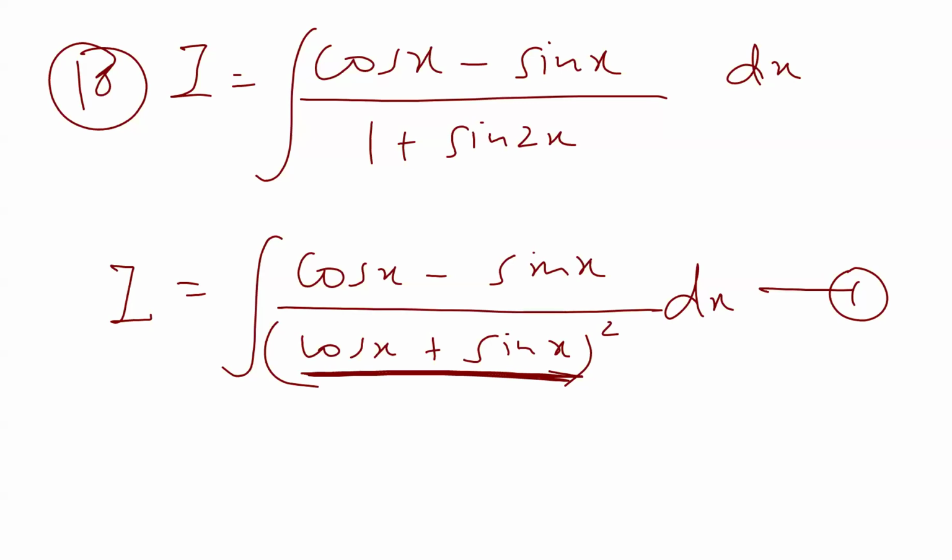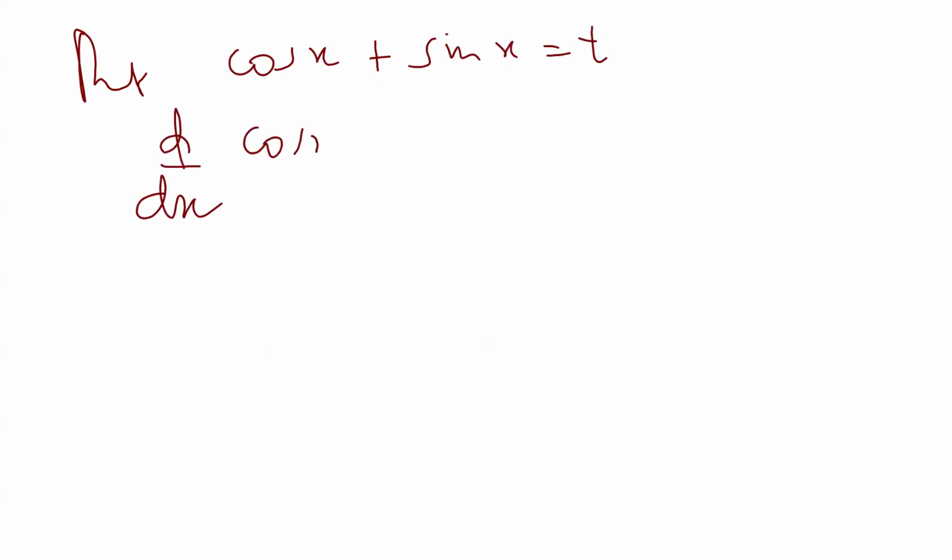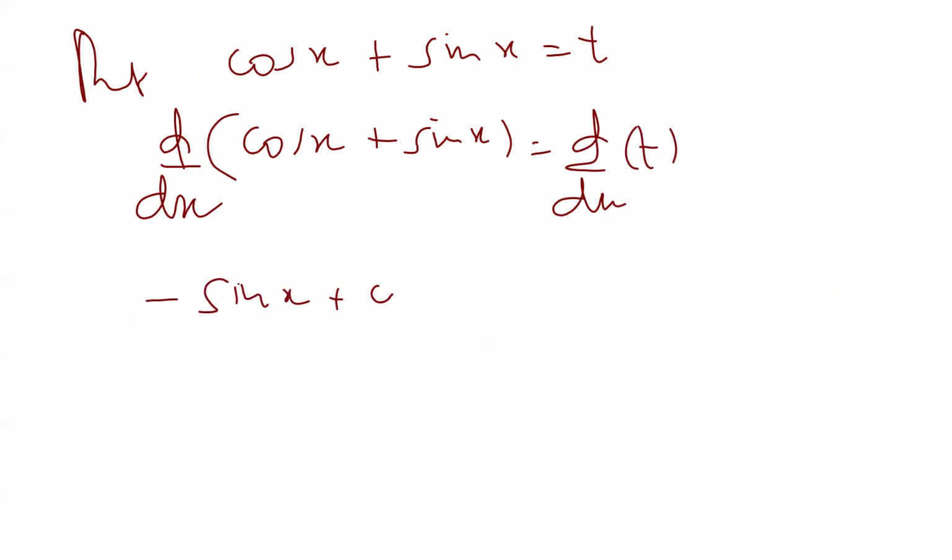So put cos x plus sin x as t. dy dx of cos x plus sin x, dy dx of t, minus sin x plus cos x is equal to dt by dx.